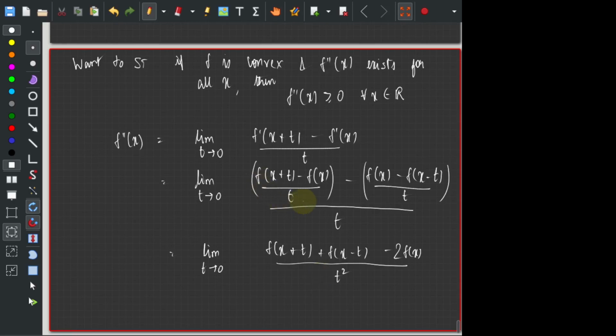If I'm able to show that this quantity is always greater than or equal to 0 for all t greater than 0, so maybe I should have been a little more precise when I wrote this. Here I'm assuming that t is always positive, so t is tending to 0 from above.